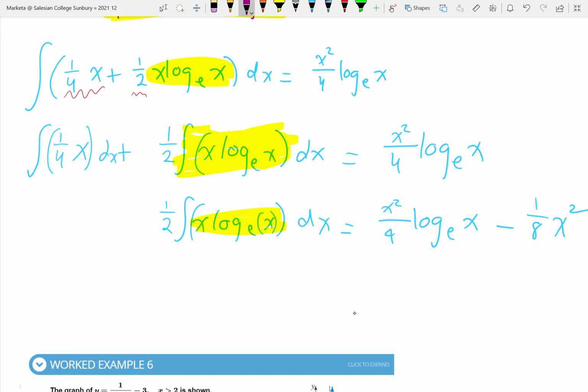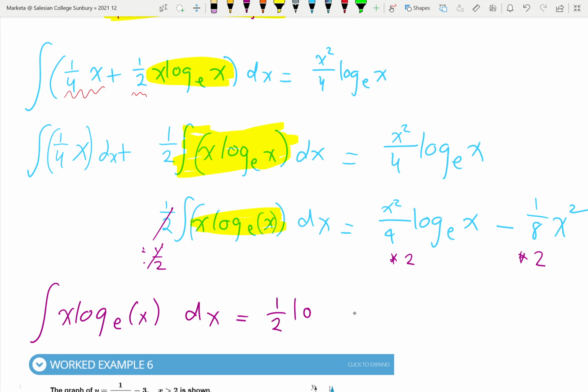So I'm going to be dividing by half on both sides. That means keep, change, flip. So I'm timesing by 2 because it's a division of fractions. So I'm going to get the antiderivative of x log ex dx is going to be 2 over 4 is half, half x squared log ex, and then 2 over 8 is 1/4 x squared, and that'll be that.